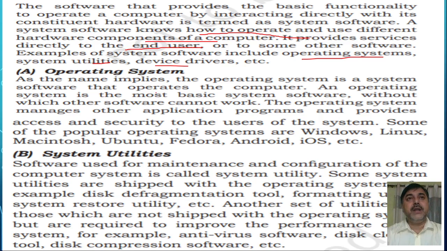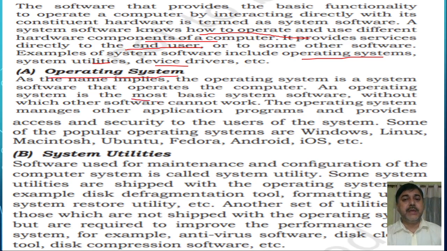First, the operating system. Let us talk about the operating system. There are some implications or implementations that we will have, and every system software has its own operating system.